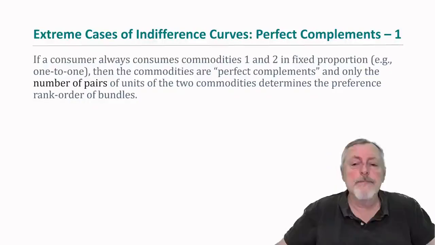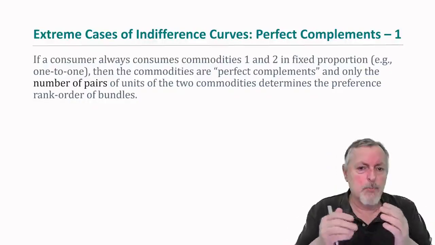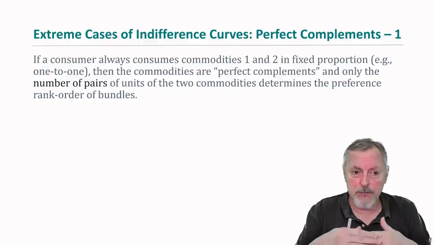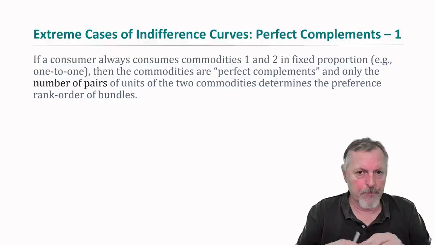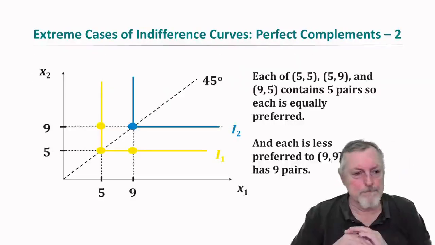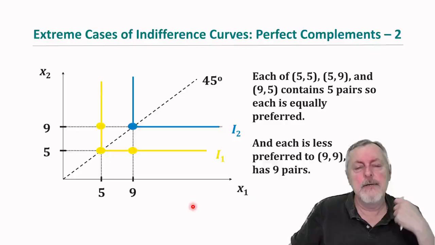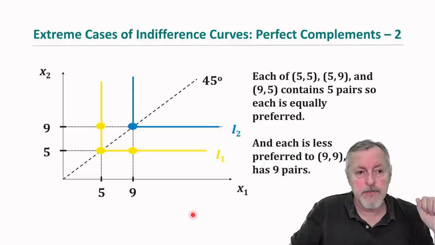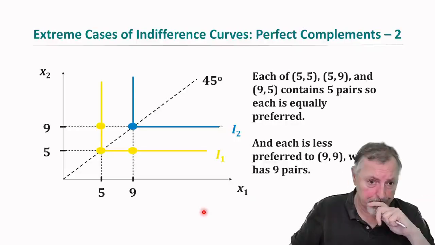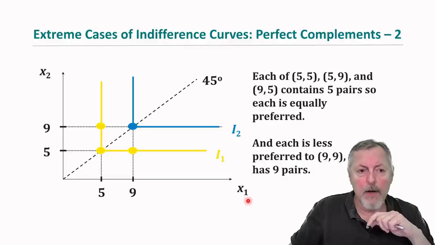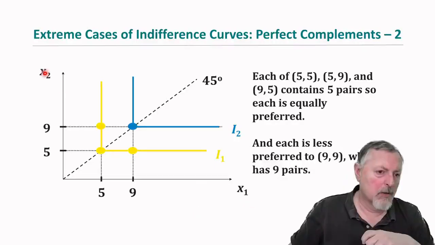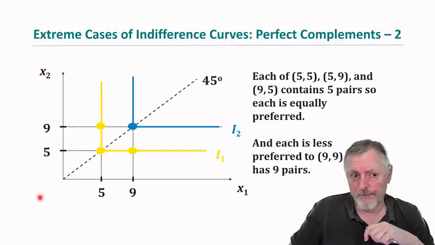Perfect complements are goods that people prefer to consume in fixed proportions. You tend to buy both or neither. Perfect complements have indifference curves that are at a right angle. The classic example is left shoes and right shoes. If commodity 1 is right shoes, commodity 2 is left shoes.